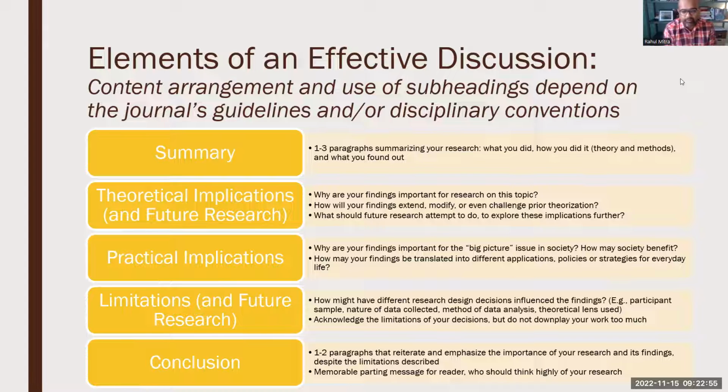Maybe some self-help or self-modulation practices that individual workers can practice to better ease their adjustment going back to work. So this is the part where you're really thinking about the big picture issue in society.